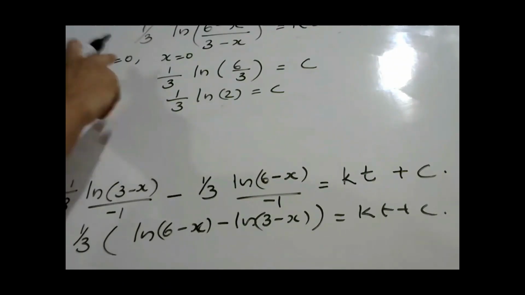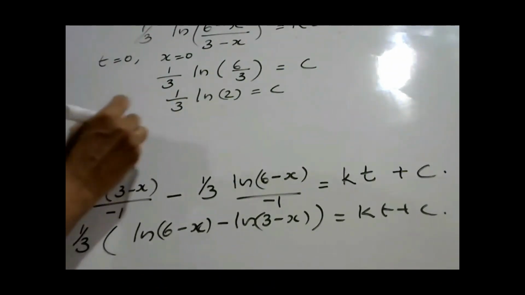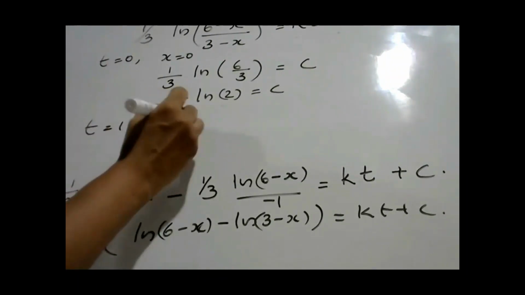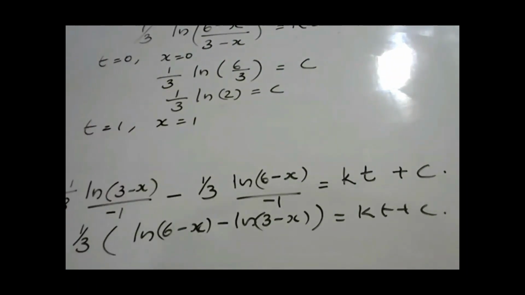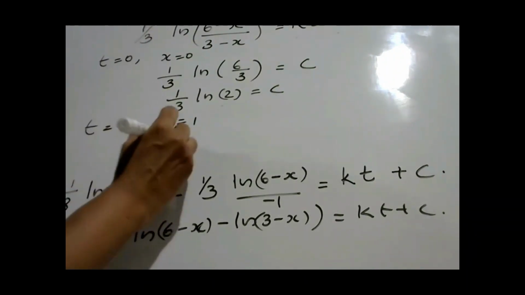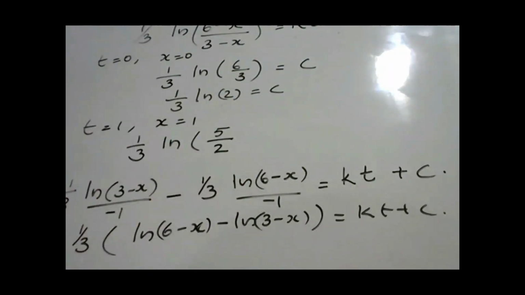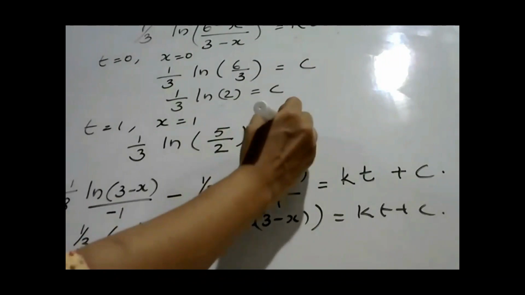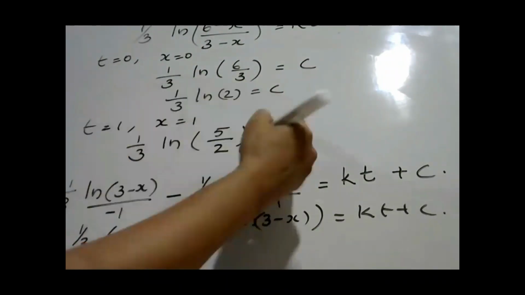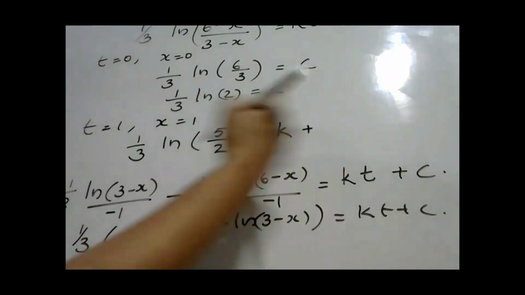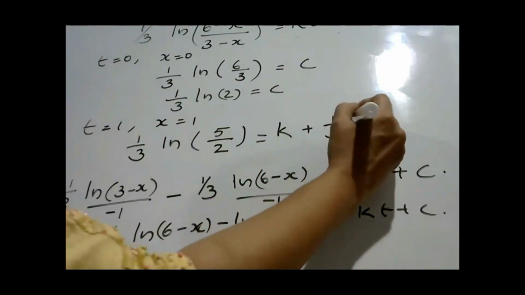So this is now 1 over 3 ln of (6 minus x) over (3 minus x), which is 5 over 2, since 3 minus 1 is 2, is equal to k times t, where t is 1. So k plus c, which we already calculated as 1 over 3 ln of 2.